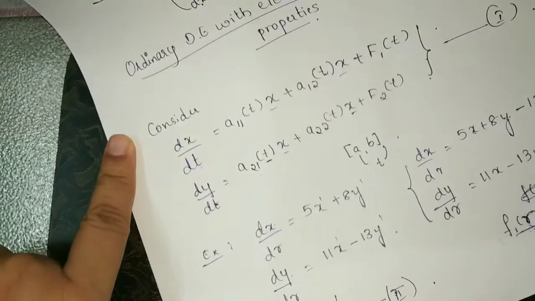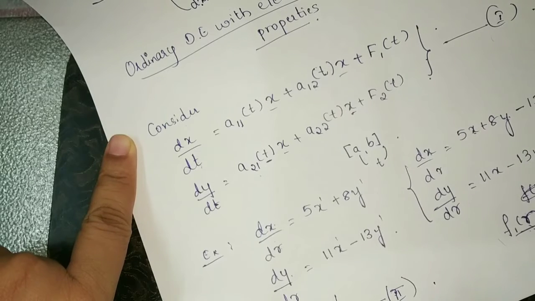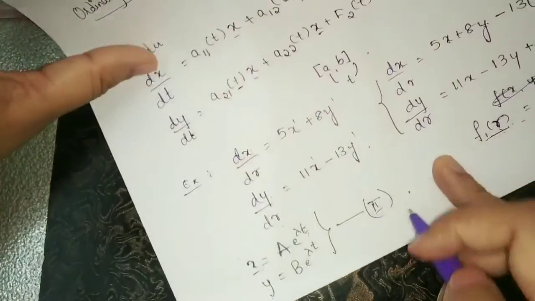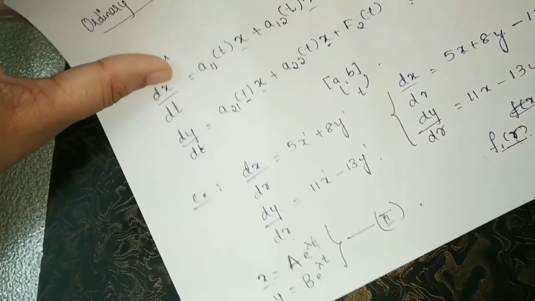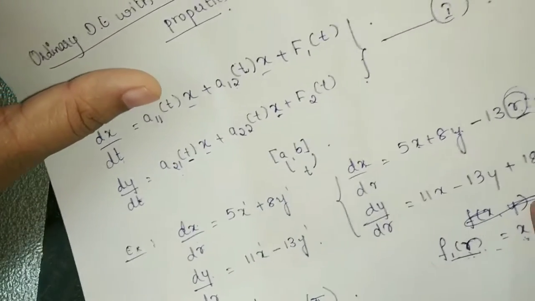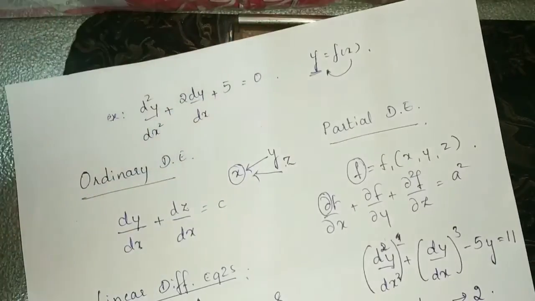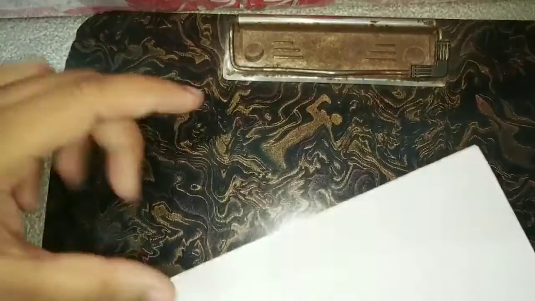For this equation, t is the variable. In that variable, the dependent variables x and y are determined by its general solutions.